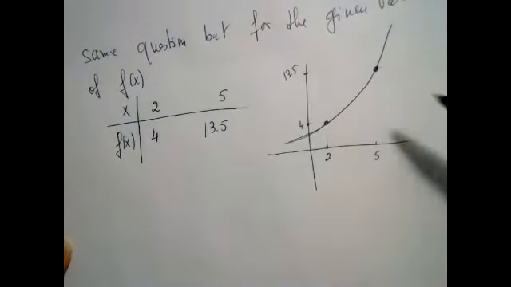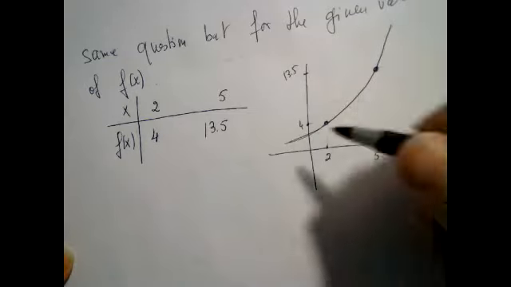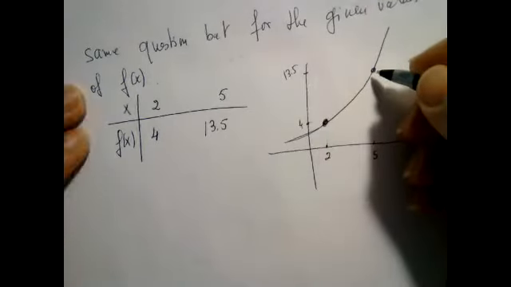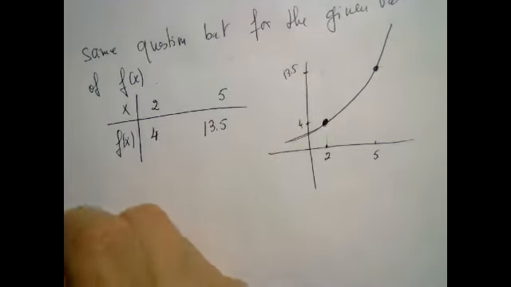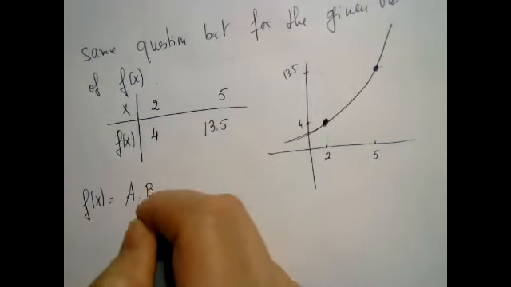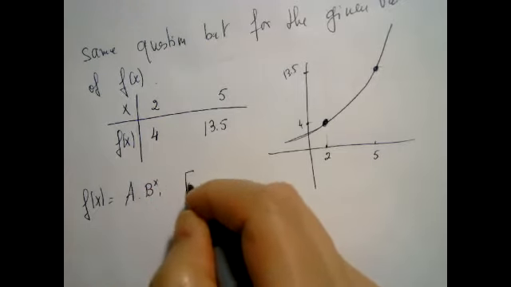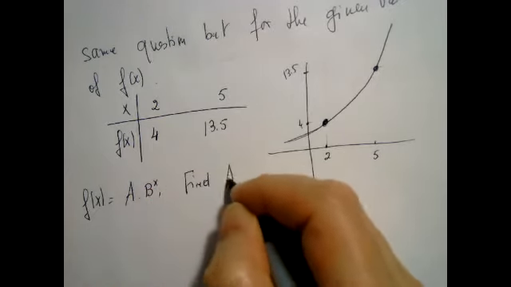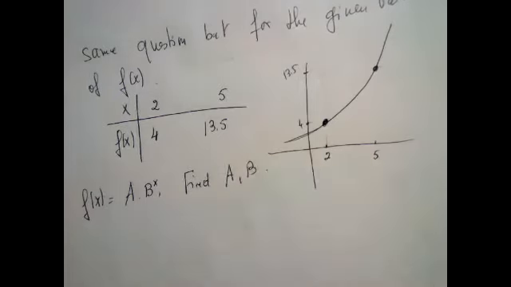And find the formula, find the exponential function that satisfies the two given conditions. Okay, so here f of x equals a times b to the x. My question is find a and b. That's what we really have to do.